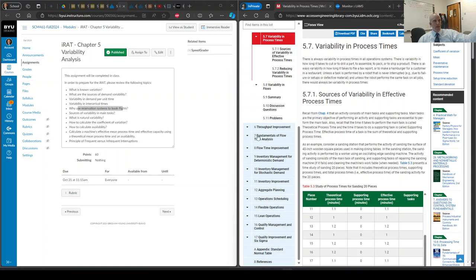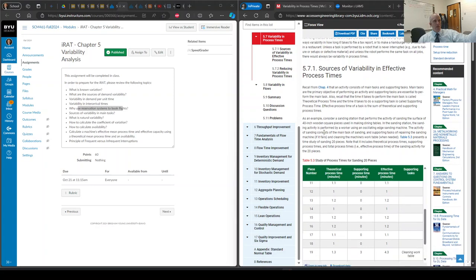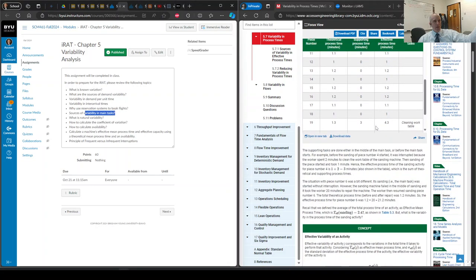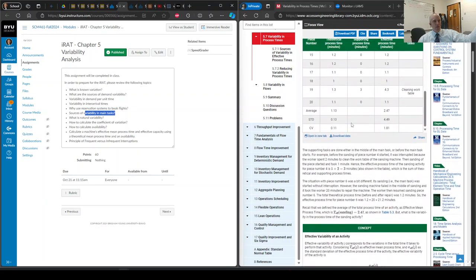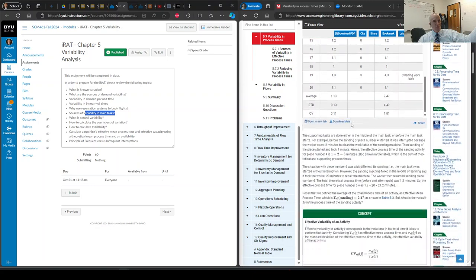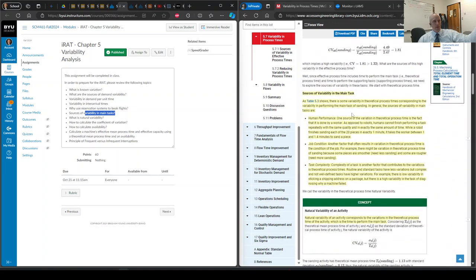The next topic here deals with the sources of variability in the main tasks. So where does variability come into play in the main tasks? In section 5.7.1, it says the sources of variability in the main task: human performance, job condition, task complexity.